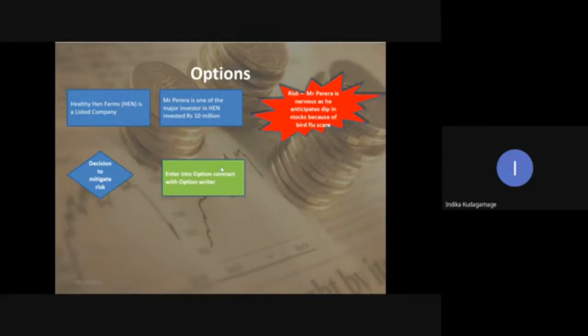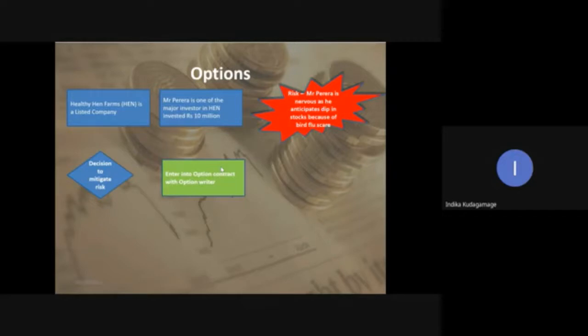Right? Earlier what happened, Gamini wanted to sell to a buyer at 200 rupees. Right? So he met a buyer and he agreed to sell at 200 rupees. So it is an obligation to sell and an obligation to buy.